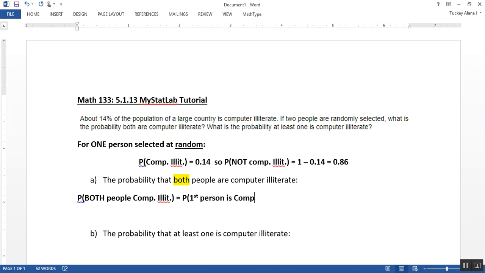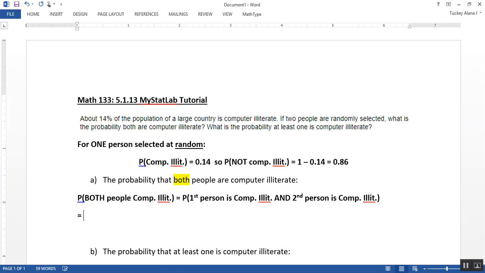Well, there's a hidden and in here, which we remember from the notes is going to happen to us a lot because the word and gets assumed a lot in the English language.